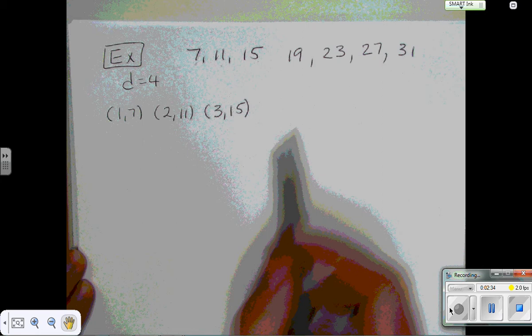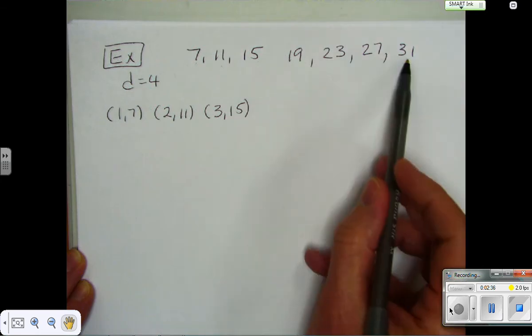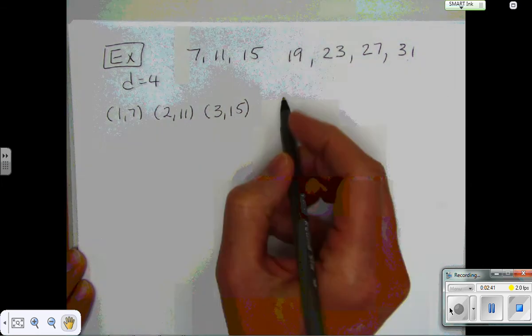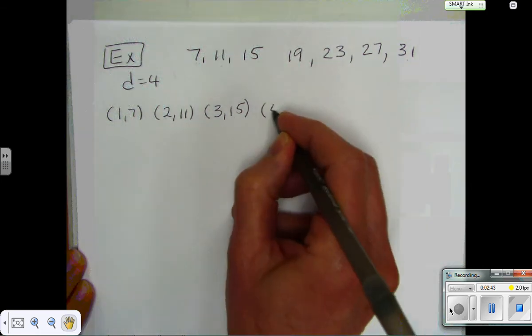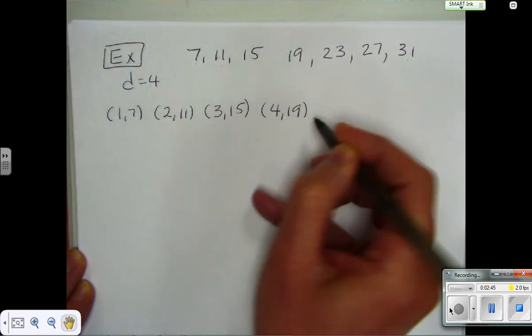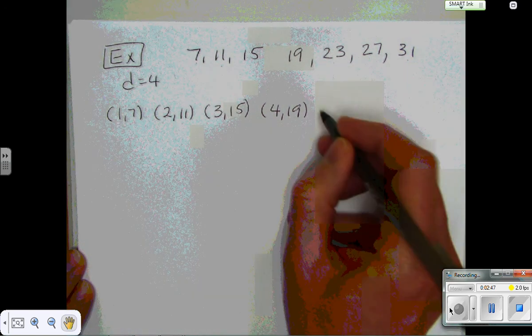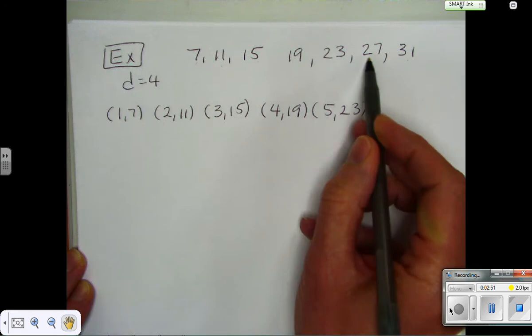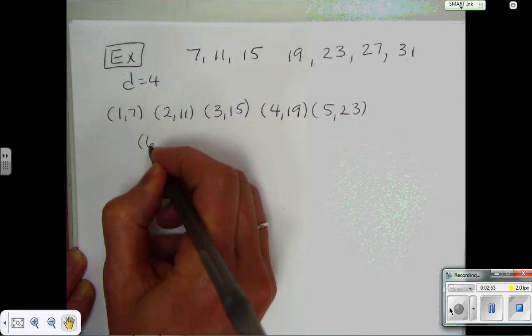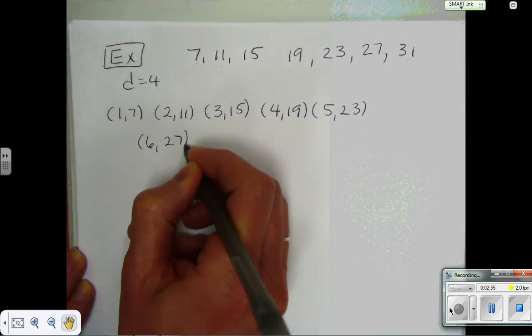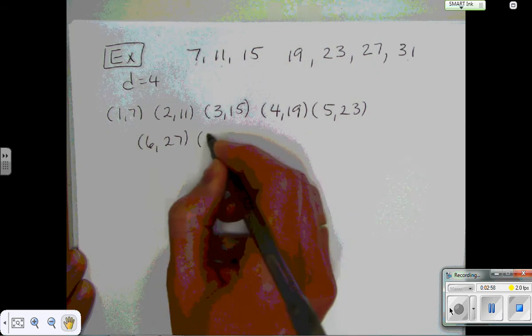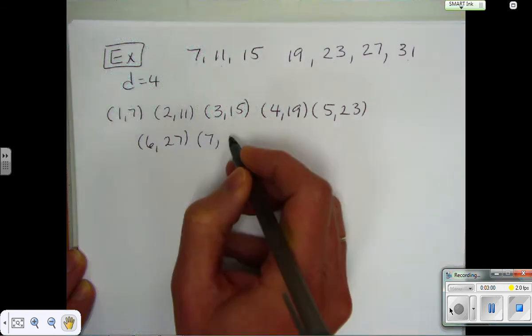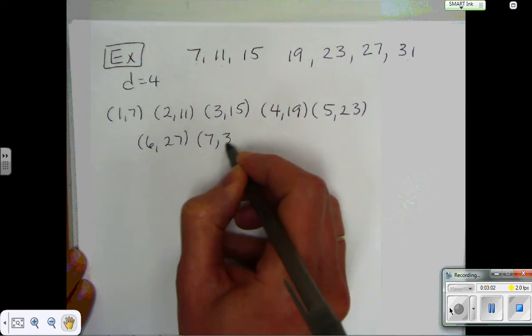You do need to write the next 4 terms that they're asking for, but you don't have to write these coordinates down. 19 is the fourth number, so that's 4, 19. The fifth number is 23, so that's going to be 5, 23. The 27 is the sixth number, so that's 6, 27. And then the last number is the 7th in the sequence, so that coordinate is 7, 31.